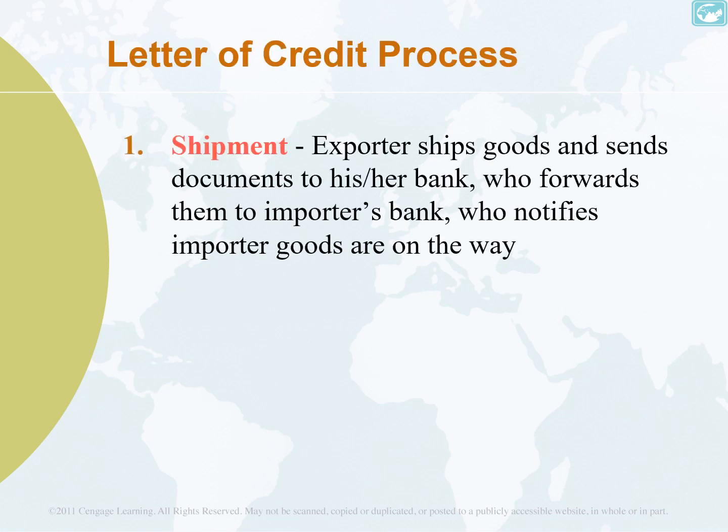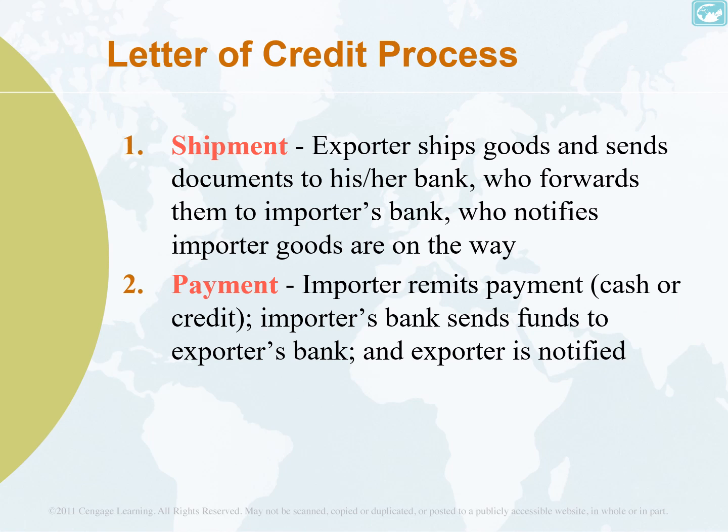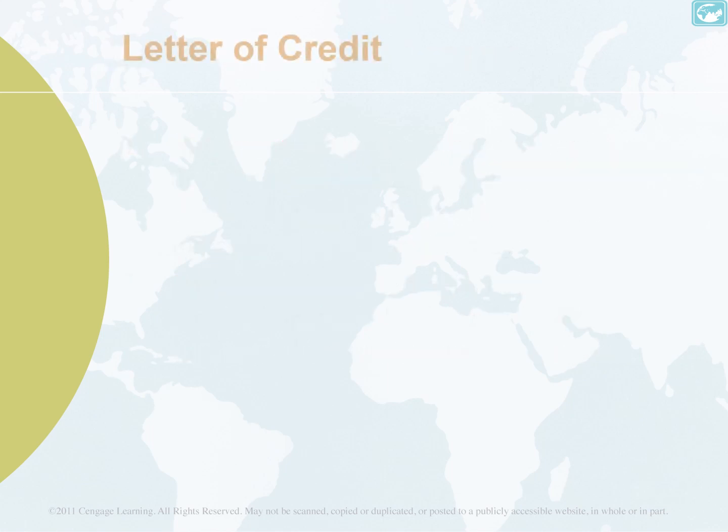The exporter ships the goods and sends the documents to his bank, who forwards them to the importer's bank, who notifies the importer goods are on the way. Okay, and then the payment, right? Importer remits payment, cash or credit. Importer's bank sends the funds to exporter's bank, and the exporter is notified. That's how it works. Okay.